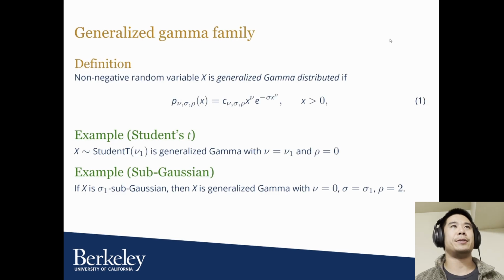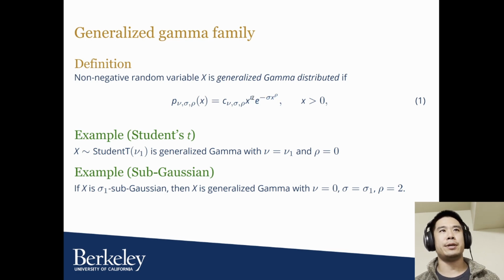Our analysis will depend on the generalized gamma family, which is any non-negative random variable that can be written in this form: x to some power nu, e to the minus sigma x to some power rho. So this will include things like, in particular, Student t's, wherein the degrees of freedom will be equal to this nu parameter. It also interpolates between other distributions, like the sub-Gaussians.